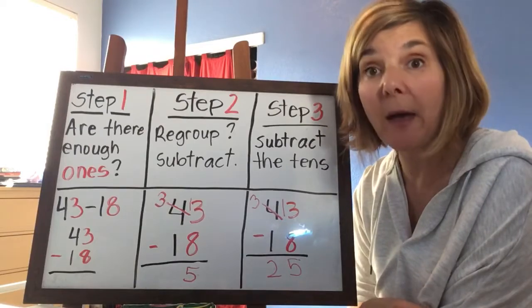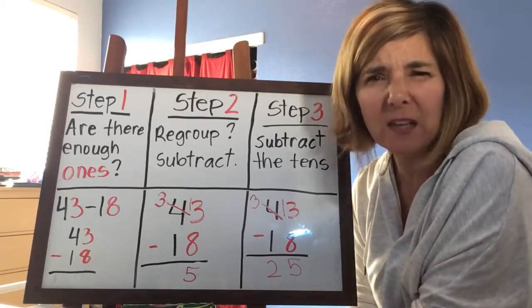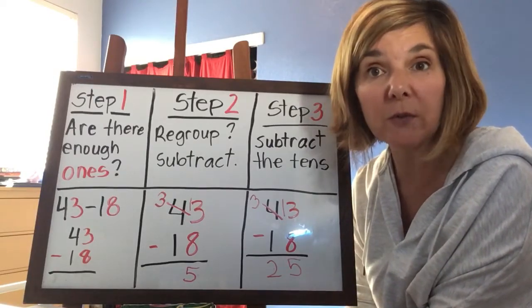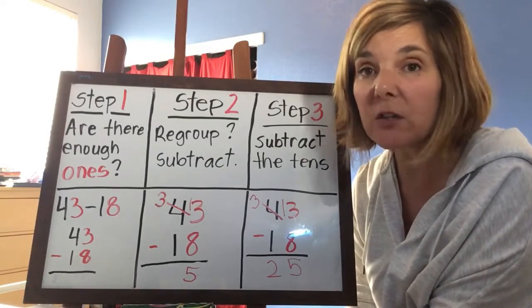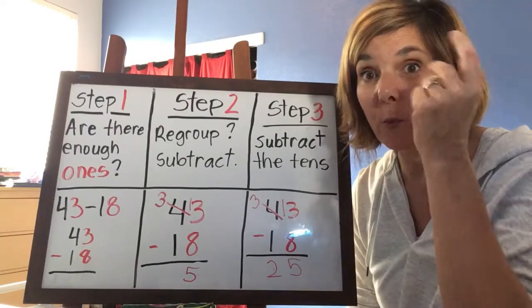And extra math, the computer program, where you can practice them online, is a fantastic way. But if you would rather just use paper and pencil, you can do it that way too, or flashcards. Some way, be practicing your math facts before you get to 2nd grade, and then you'll be a math whiz.